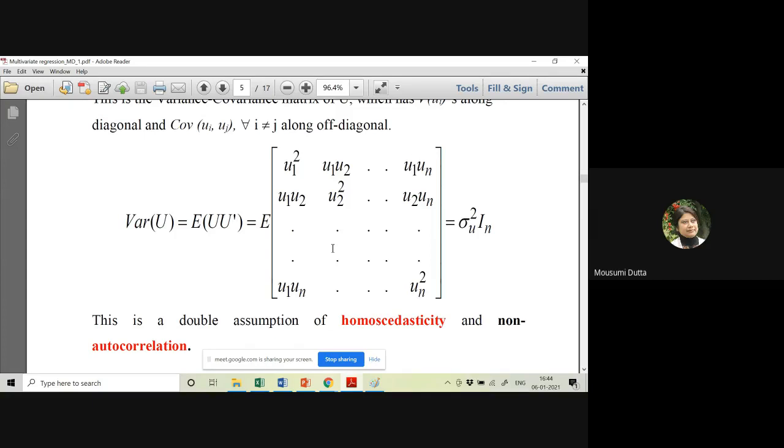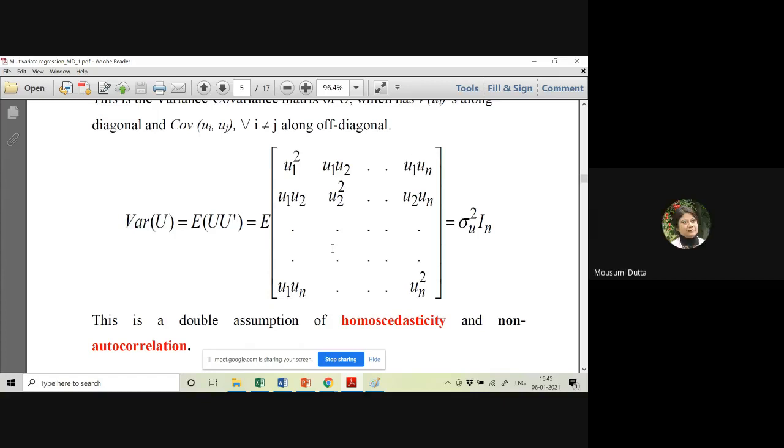Now, here we assume all the expectations of the square terms in the diagonal are constant, and the value is given by sigma u square. Yes, ma'am.